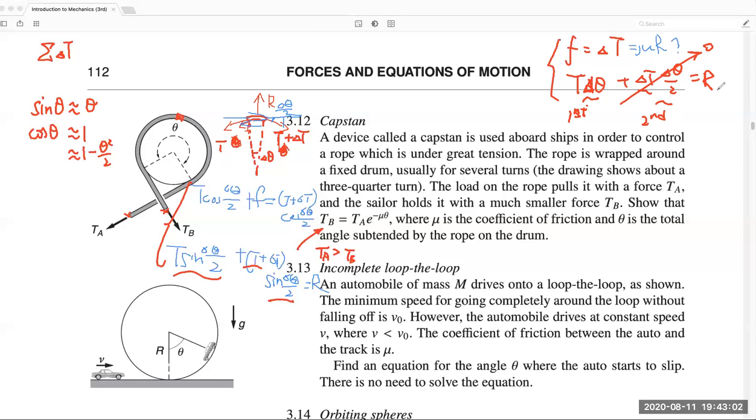So actually, you can get a simple equation.